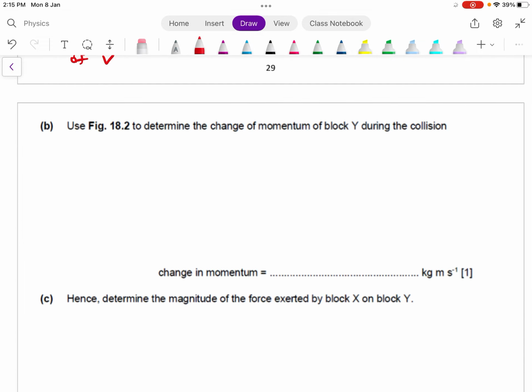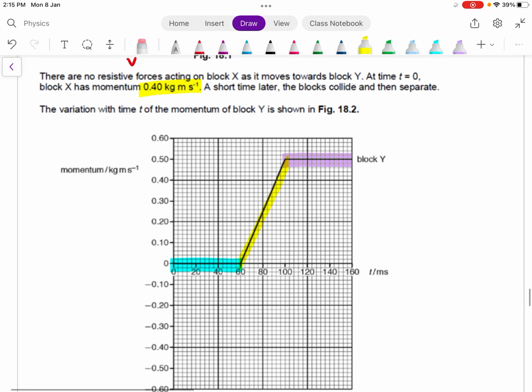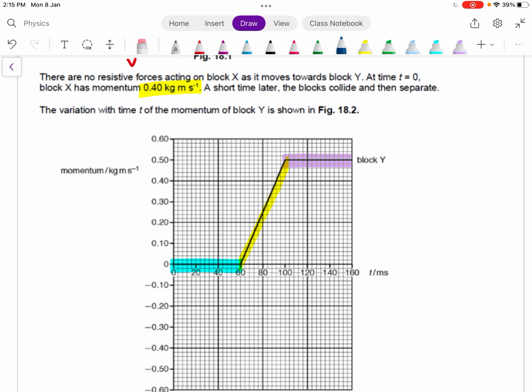With this, let's move on to part B, the calculation. Using the graph, determine the change in momentum, the delta P, of block Y during the collision. Remember to write down the sign, be it positive or negative, because they never write down magnitude. But if they write determine the magnitude of the change of momentum, then just give them the number. If they never write it, and there's a negative sign, you must give it to them. Initially, the momentum of block Y is 0, so it's not moving.